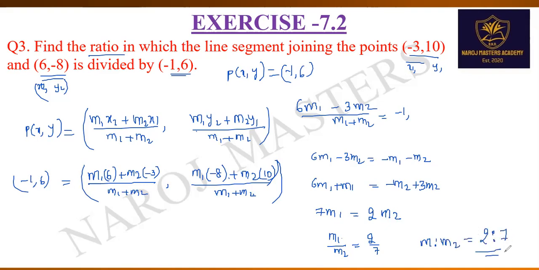This is the answer. Okay, now if you want to check by the y coordinates, then you equate to 6. So (minus 8m1 plus 10m2) by (m1 plus m2) is equal to 6. If you send this to the other side, it will become 6 times m1 plus m2.